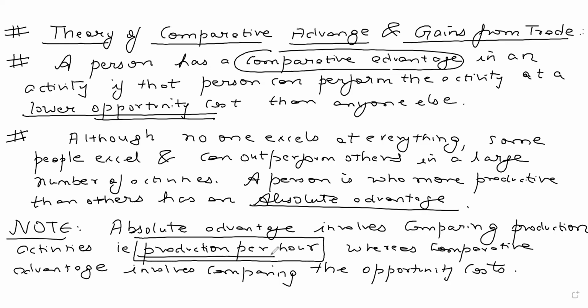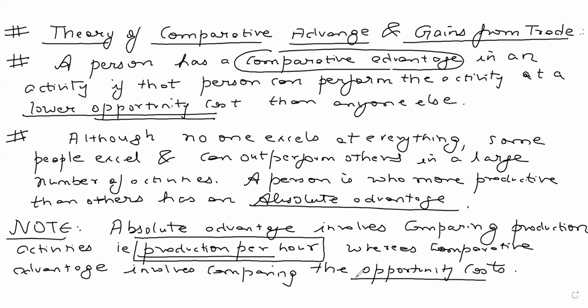Then we talk about opportunity cost. For comparative advantage, suppose I talk about economics and history. Suppose I have to give up only 5 history questions to solve 1 economics question. My friend has to give up 10 history questions just to solve 1 economics question.